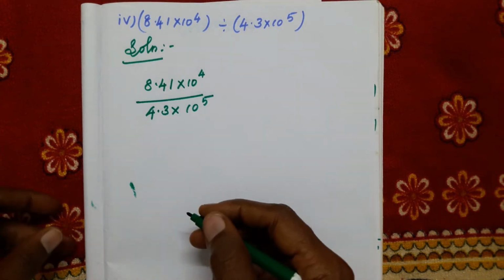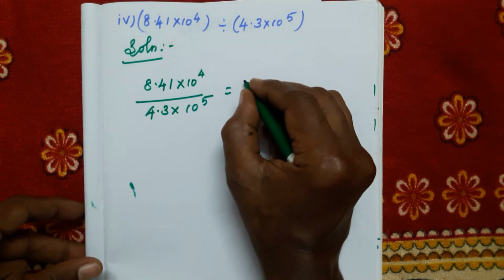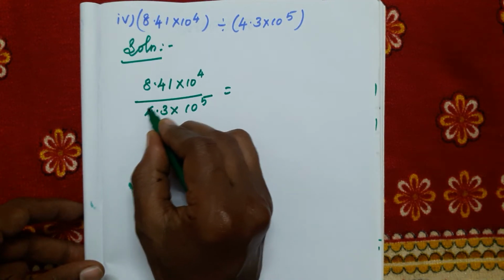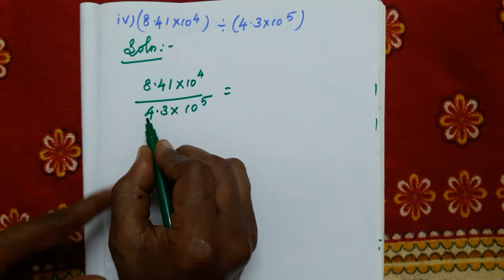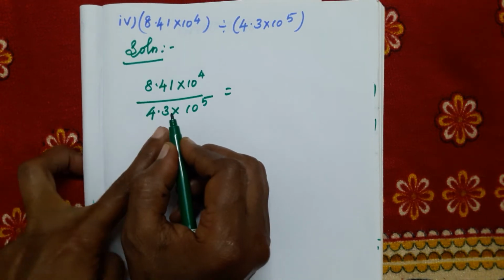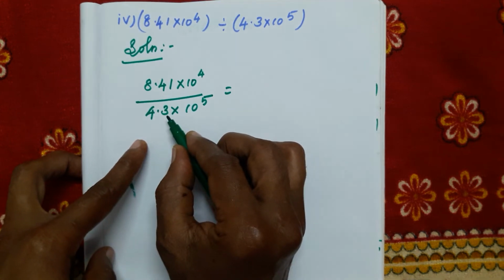What we want to do first? First what we can do is, 8.41 is in scientific notation. Here we want to write it without a decimal number.